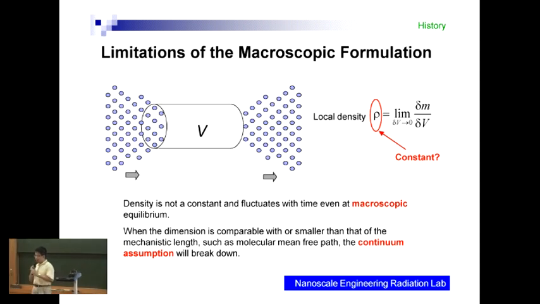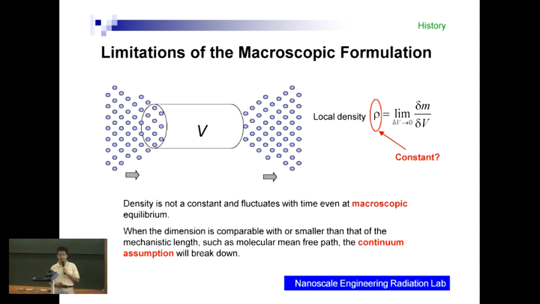Then let's give an example of the continuum assumption: how we define density. You may not be familiar with density, but if you go to a shopping mall or a convenience store and buy something, it will tell you the CP value, right? How much you need to pay for, let's say, 100 milligrams. It's the same thing for density.